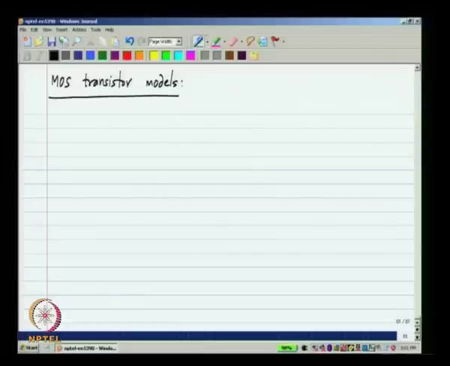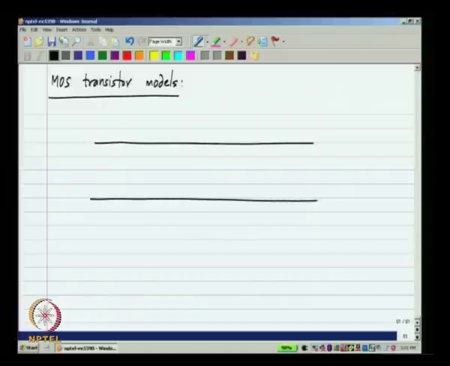Now, in the CMOS process, we will have two types of MOS transistor. First of all, most CMOS processes are built starting from a P substrate, and on that you build an NMOS transistor like this. This is the gate, drain, source, and the bulk itself or the body will be like that.